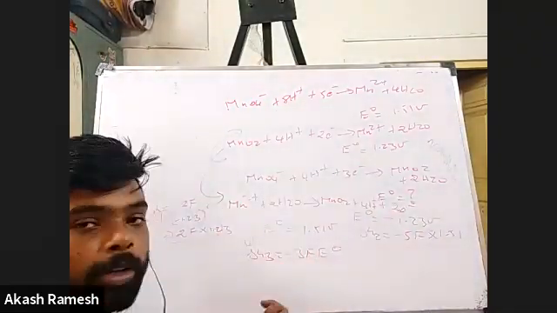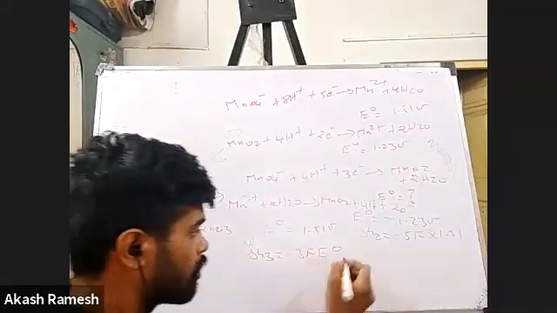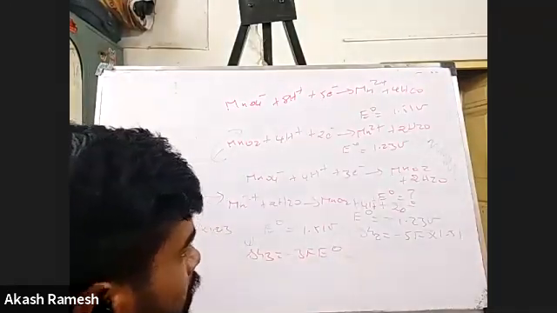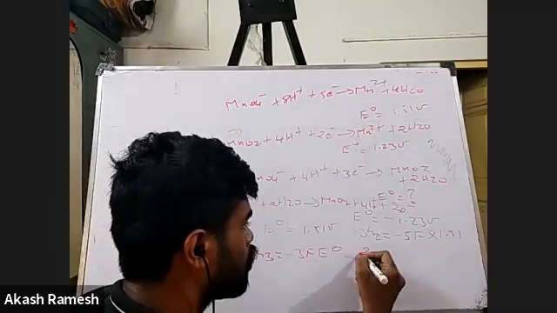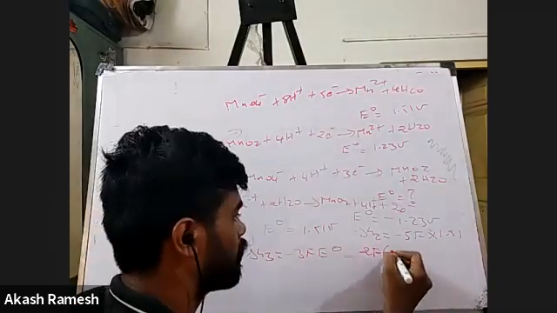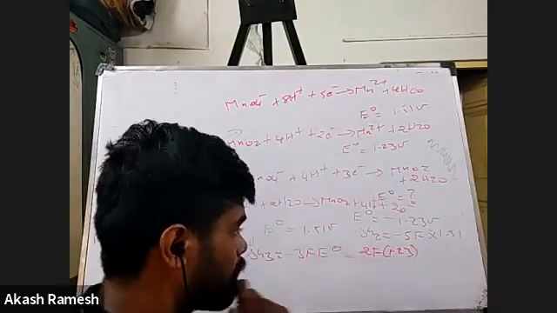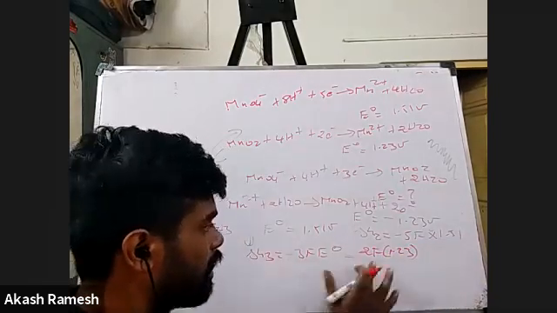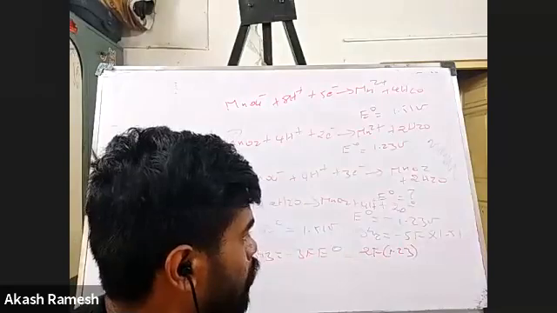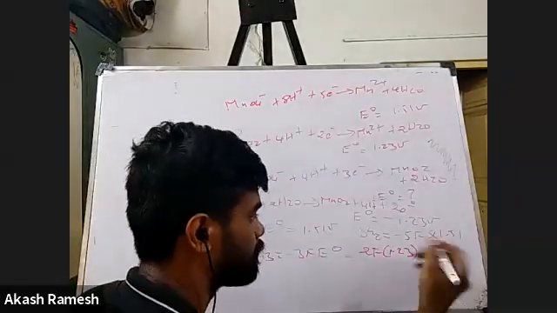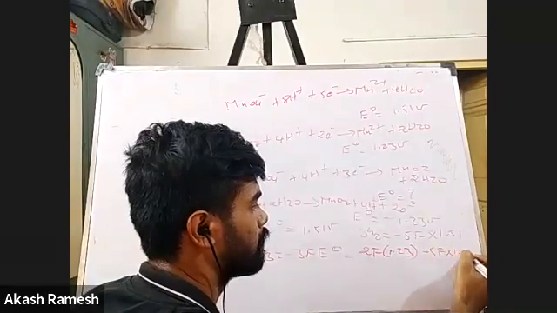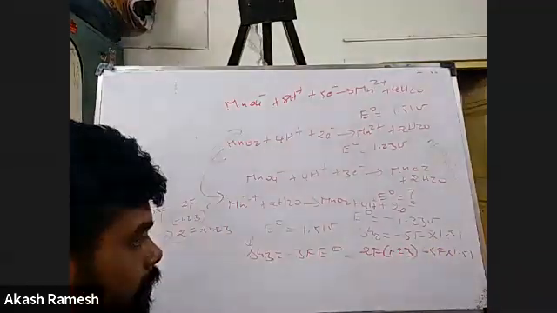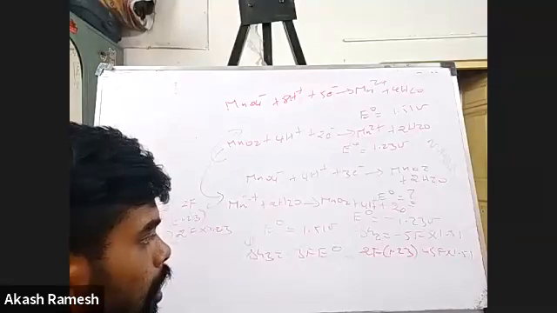So I can add the delta G values accordingly. Delta G3 will be equal to delta G1 plus delta G2, that is 2F into 1.23 minus 5F into 1.51.